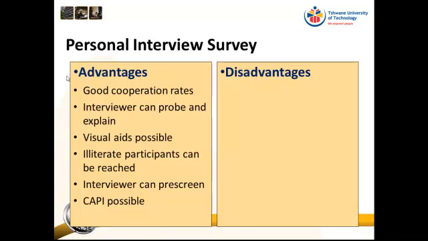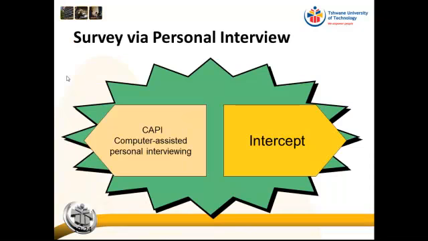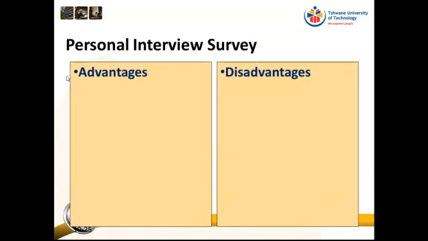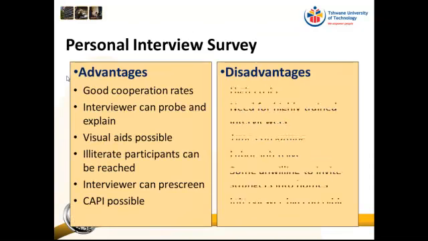So say, for example, you were looking for experts, you could then say, okay, I only want to interview the project managers that have more than 10 years of experience of project management in Eskom. So that's pre-screening. And then also computer aided personal interviewing is also possible.